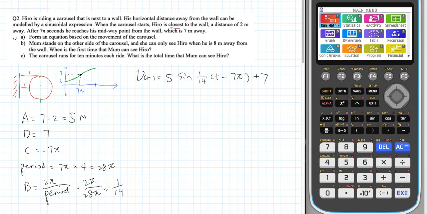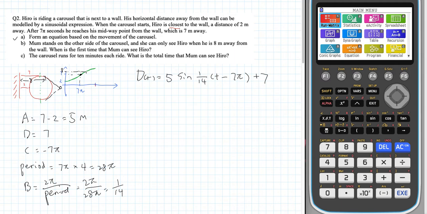So if we can roughly illustrate the story, for example, Mom is standing around here, and Mom can only see Hiro when he has reached 8 meters away from the wall. The question is asking, when is the first time that Mom can see Hiro?